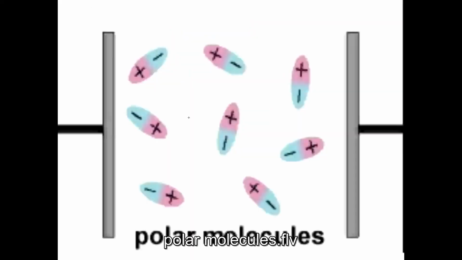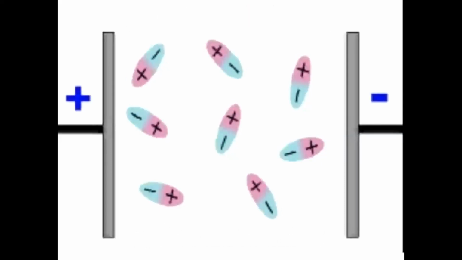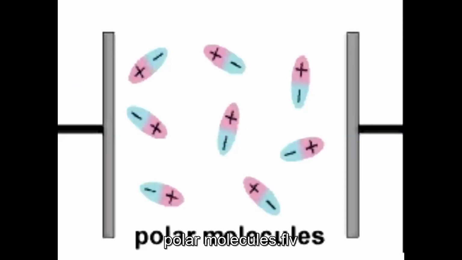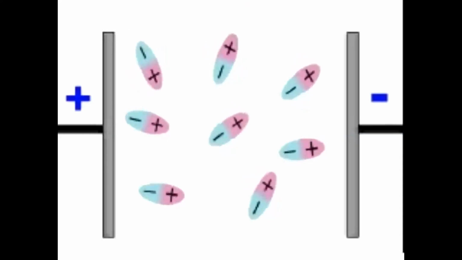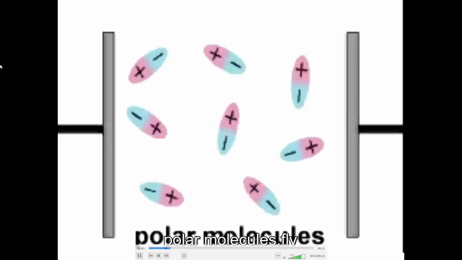This will rearrange the molecules in an order. A polar substance, as indicated by the positive and negative signs on the molecules, is placed between metal plates. When the plates are connected to an electric voltage, the polar molecules align positive to negative.